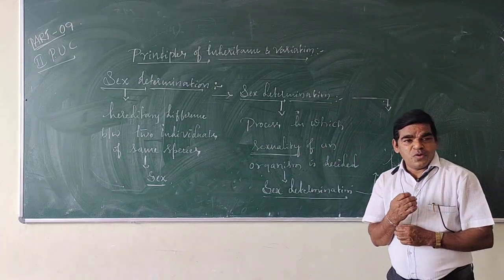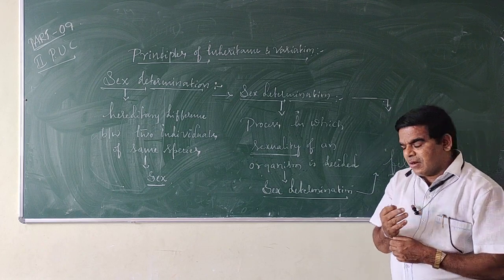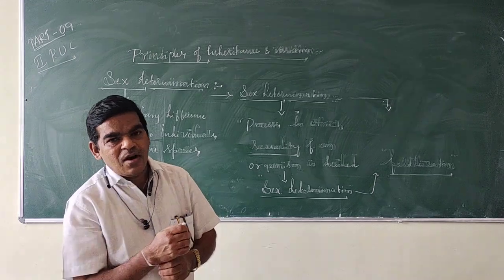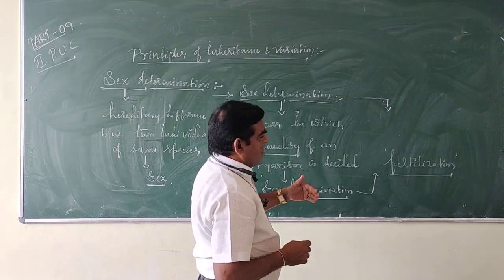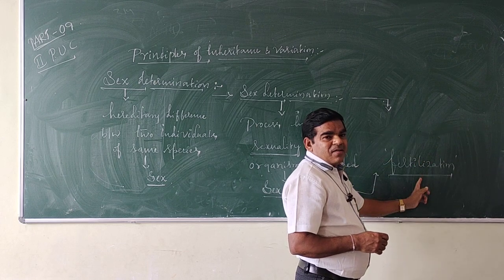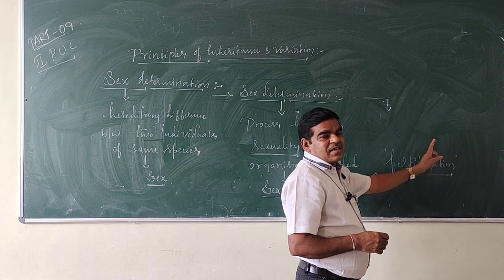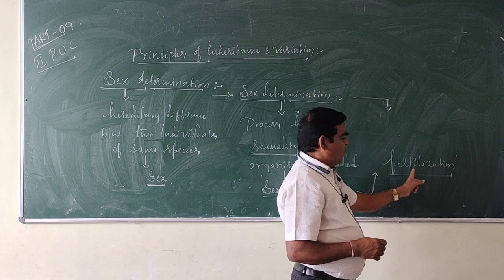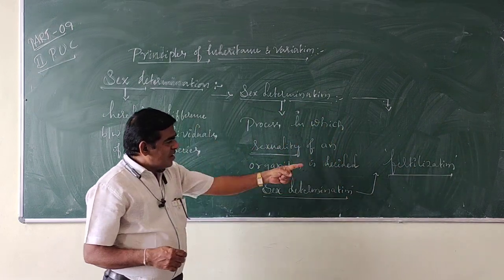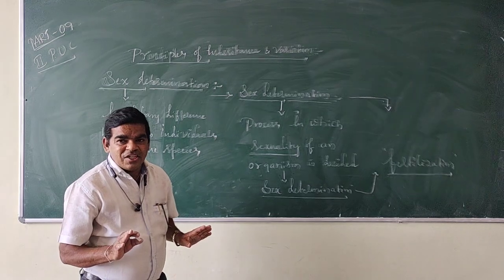Later I will discuss the two types of chromosomes, autosomes and allosomes. At fertilization there is an exchange of genetic material, the chromosomes X, Y, XX. So the allosomes decide the sex at the time of fertilization.